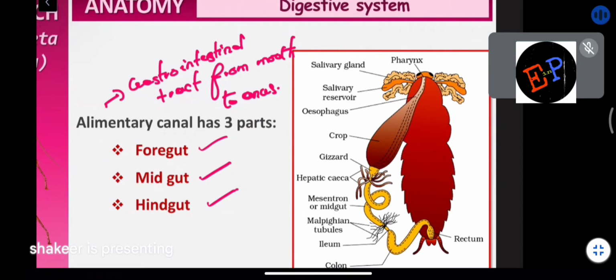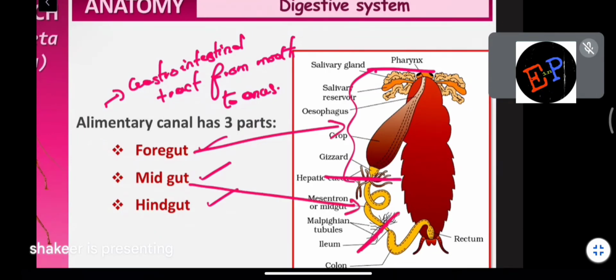So starting from the mouth up to here, this is called the foregut. Are you able to understand? And the region from here to here is called the midgut, and the region from here up to the total ending is called the hindgut. Okay, so these are the three parts of which the alimentary canal is made up. Starting from the mouth to here, what is this region?